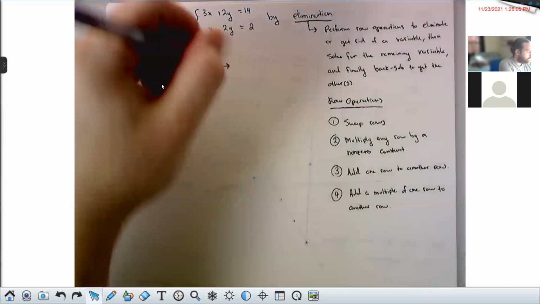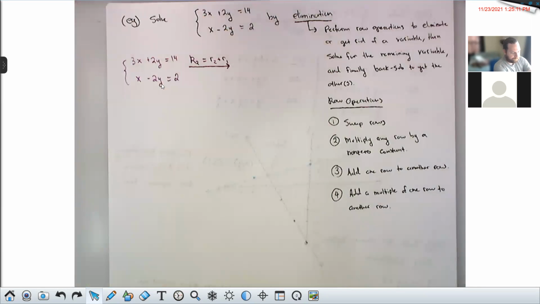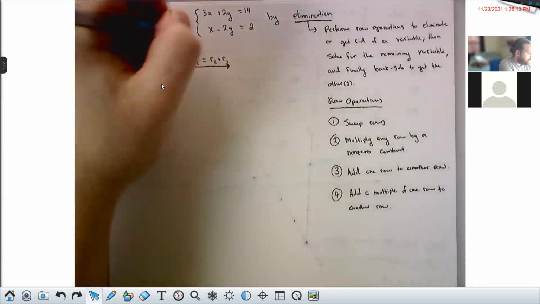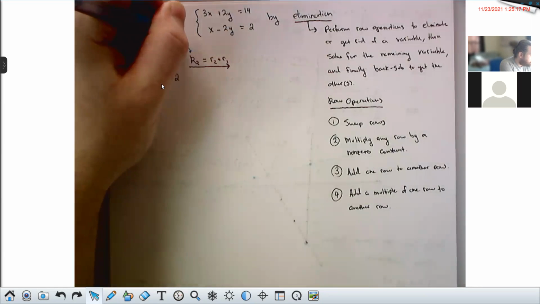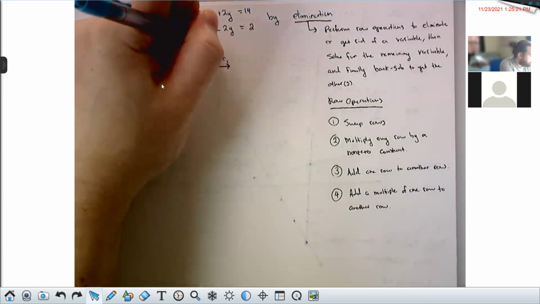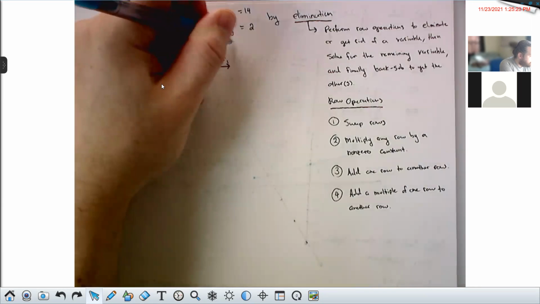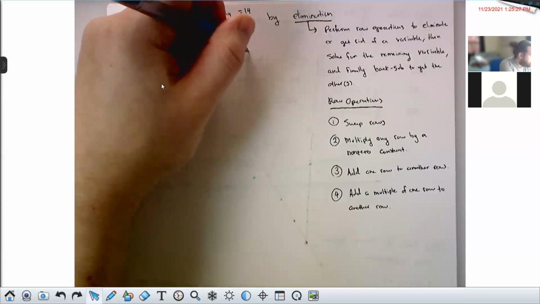New row 2 is going to be equal to old row 2 plus old row 1. That's the notation. This means the new row 2 will be equal to the old row 2 plus the old row 1.